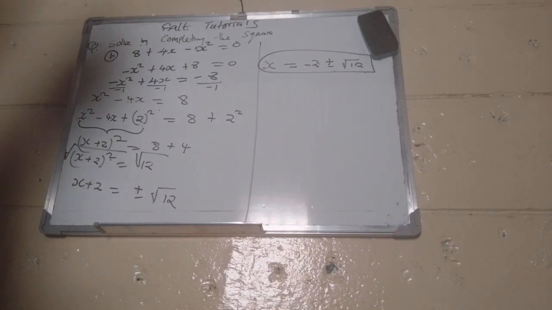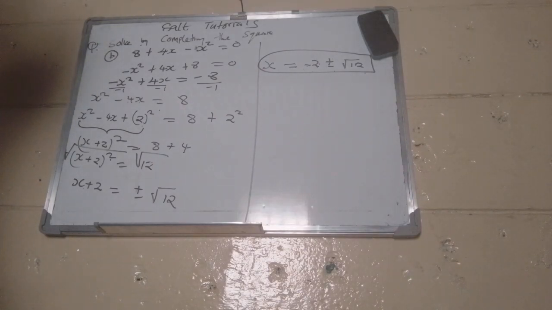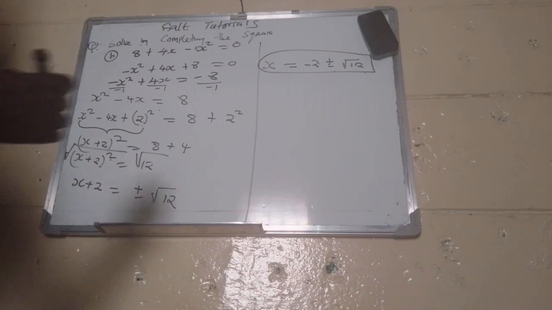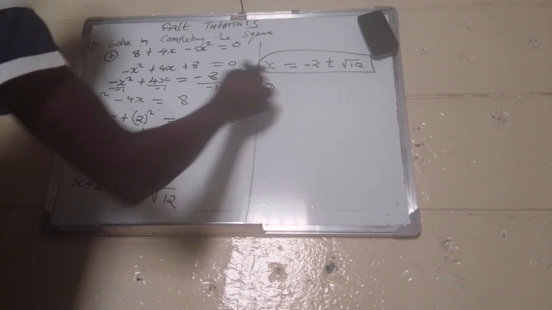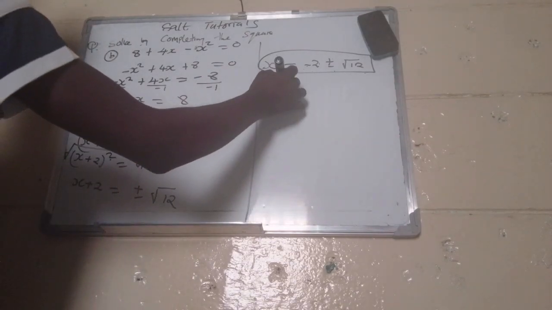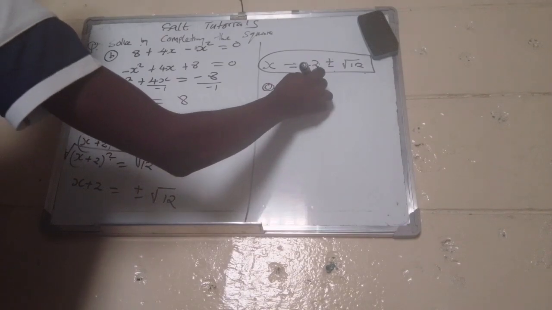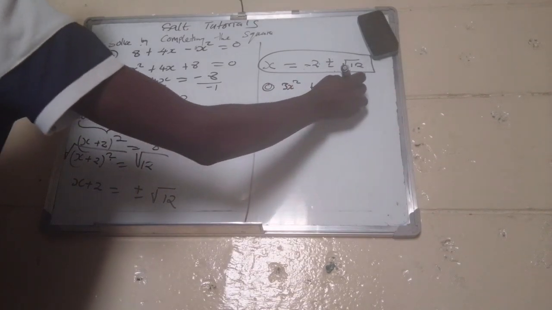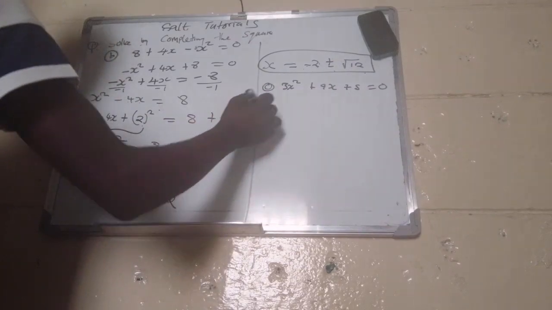So now, the task I'll review under completing the square will be as follows. I want you to look at how to complete the square and find the value of x for C, which I can simply say 3x squared plus 9x plus 5 equal to 0. Complete that one.